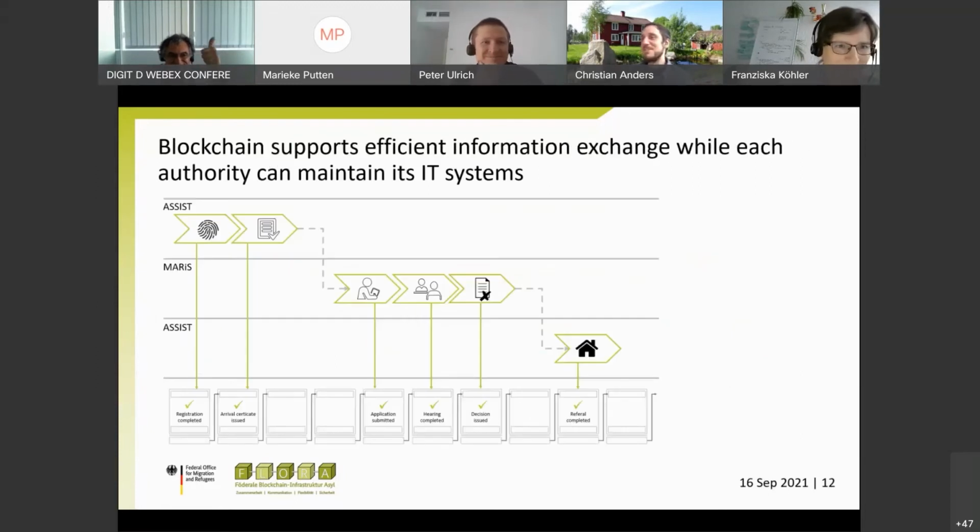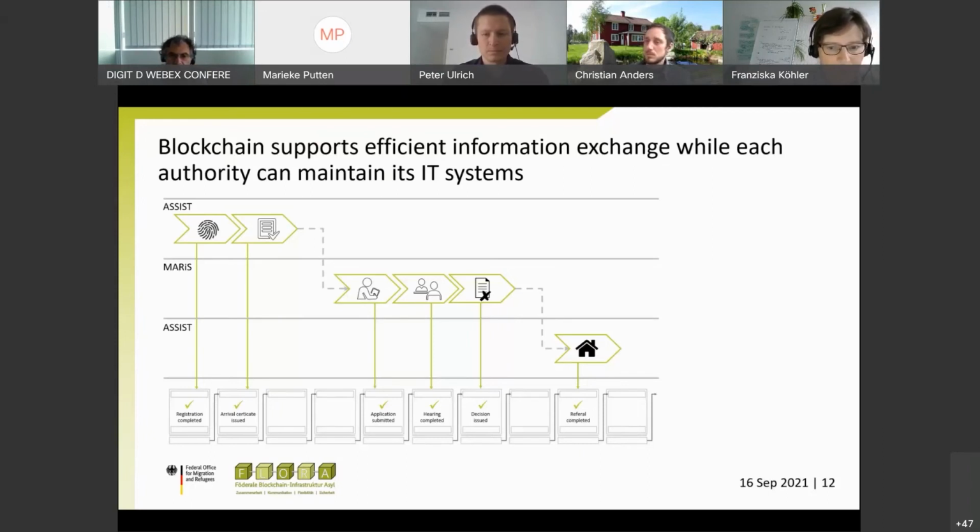Yes, okay. So we saw this process example in the previous slide, and you have certain steps and status information within this process we've just seen. And here on this slide, these statuses are written to the blockchain, which you can see in the bottom part.